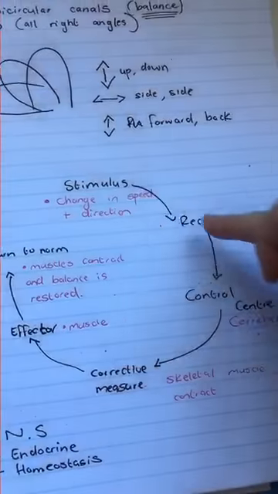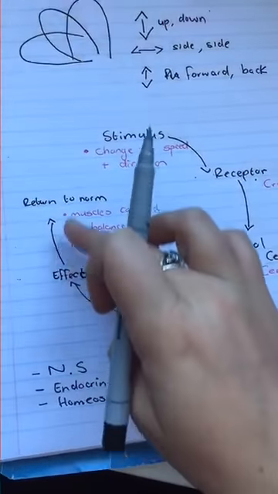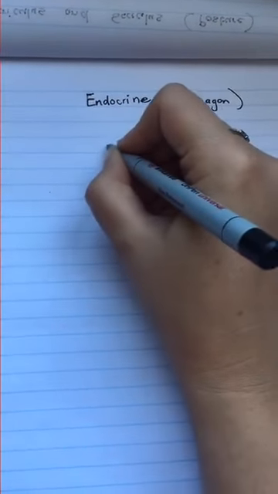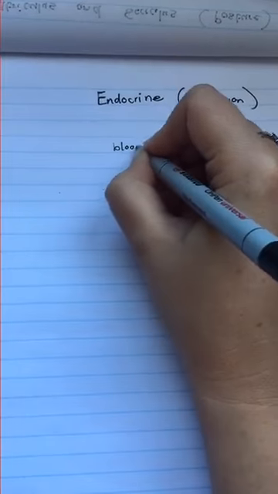I'm going to follow this order: stimulus, receptor, control center, corrective measure, effector, return to norm. So let's say the question says someone hasn't eaten in a very long time, right? So glucagon. Blood sugar levels drop. That's the stimulus.